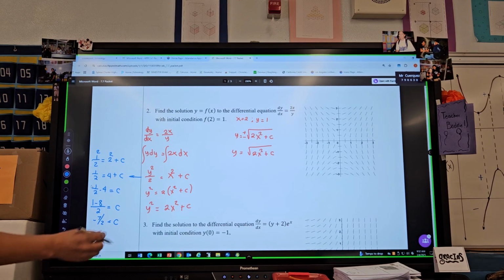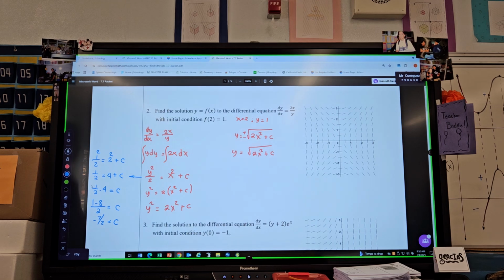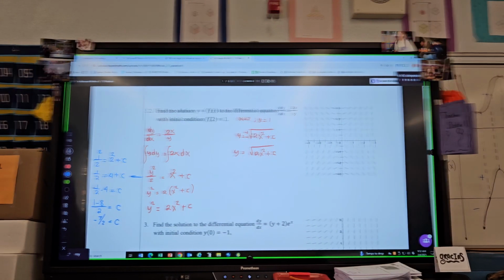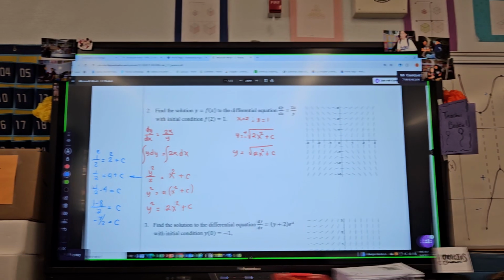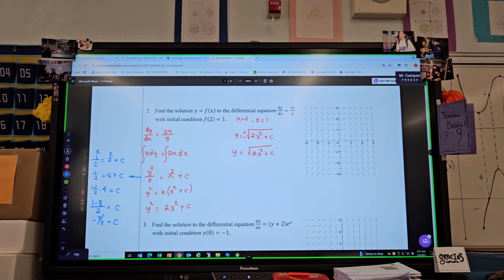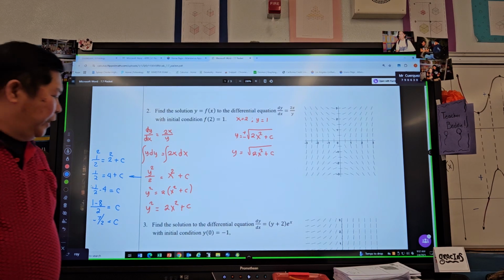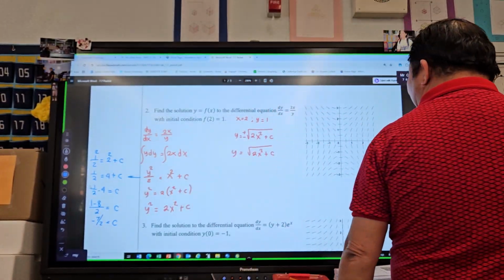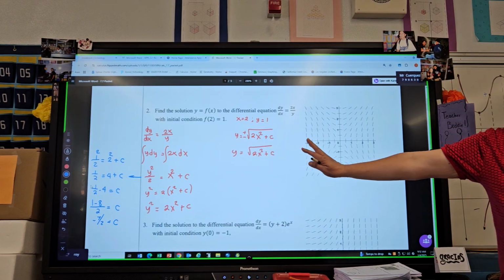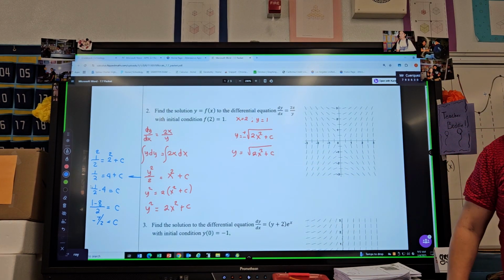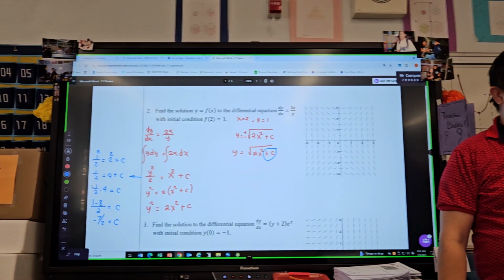So you can now replace the c with negative 7/2 as the final answer. Any question? Okay. So again, put the value of c right here. Do I have to show it to you? Okay. That c is negative 7/2.